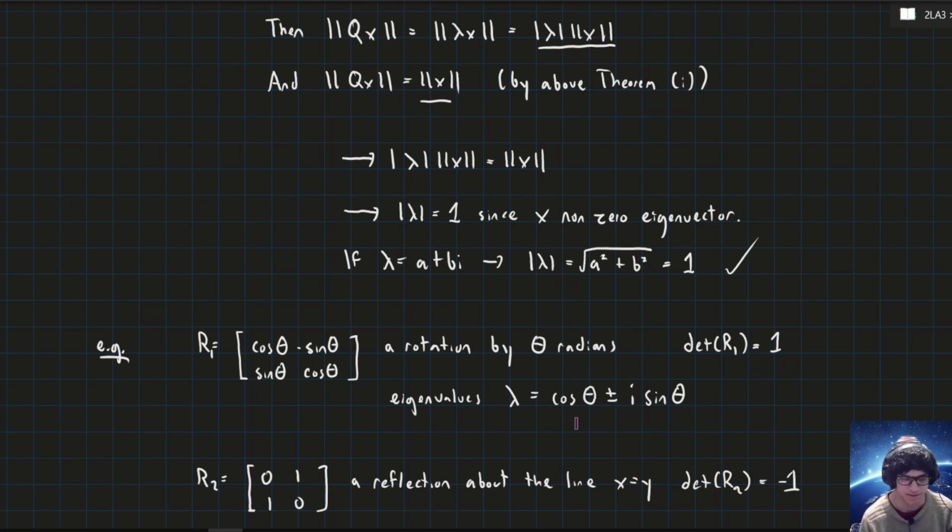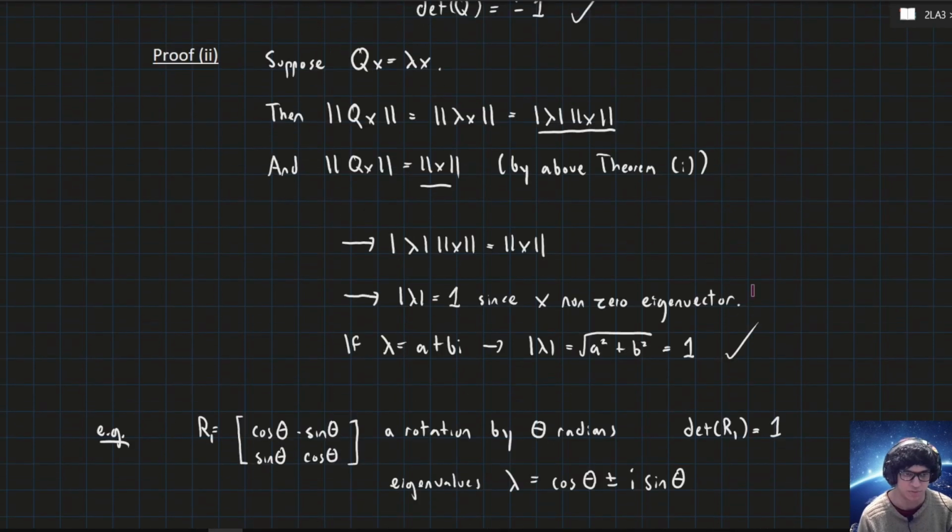Its eigenvalues were complex, and you may have worked out that they have this form. And every complex number of this form will have length 1, just by the Pythagorean trigonometric identity. So this is an example of a rotation matrix in R2, and it is orthogonal.